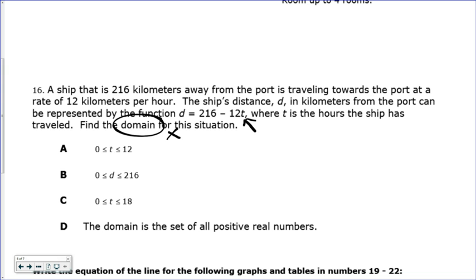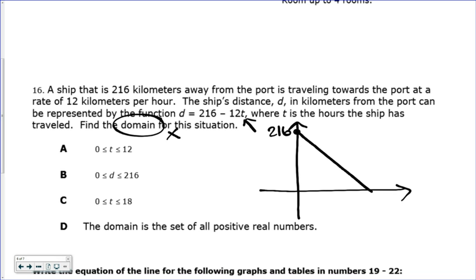Okay, and if you think about it as a graph, just like what we did in the last problem, we looked at it on a graph. I'm starting at 216, and it's decreasing. I have a negative slope, a -12. I decrease 12 each time, so my slope is going to be something in the negatives.